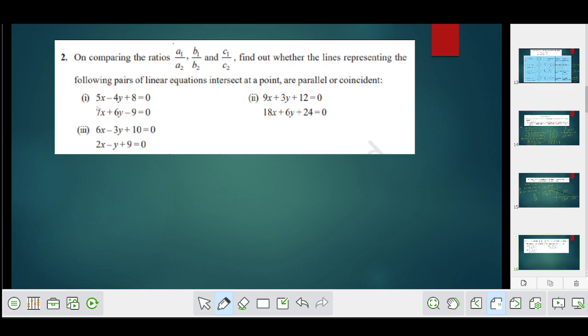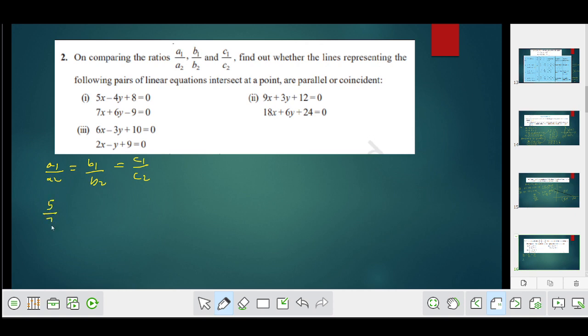Here in the first question, we will apply A1 upon A2, B1 upon B2 and C1 upon C2 for all.